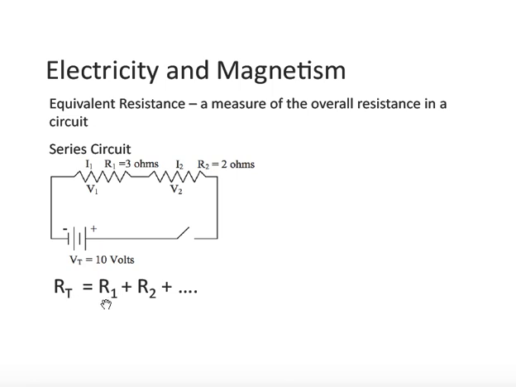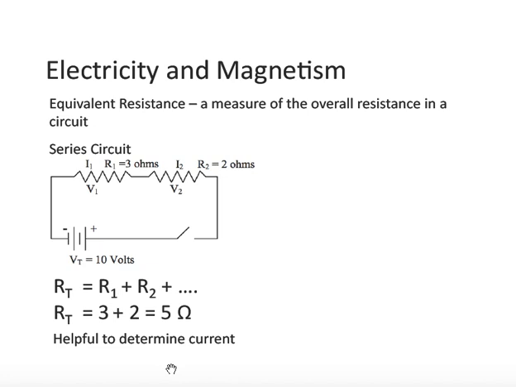RT is equal to R1 plus R2. If there was a third resistor, it would be R3 plus R4 plus R5, depending on how many resistors you have. But notice as you add more and more resistors, you get a bigger equivalent resistance. So for this situation, it would be 5 ohms. 3 plus 2 is 5.